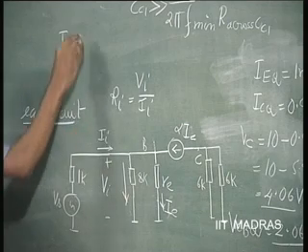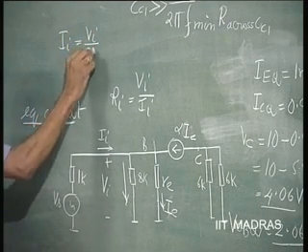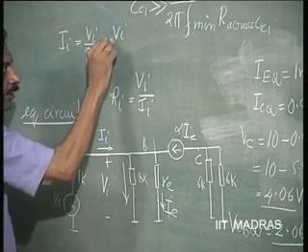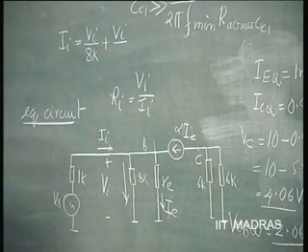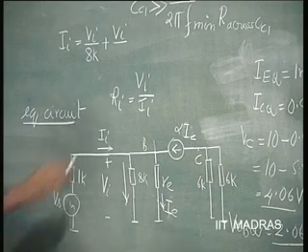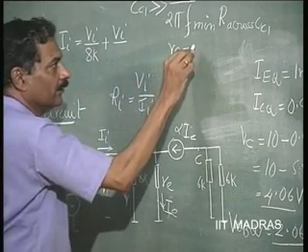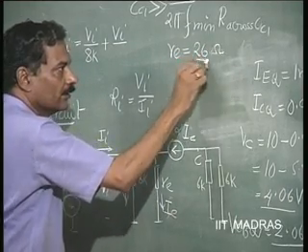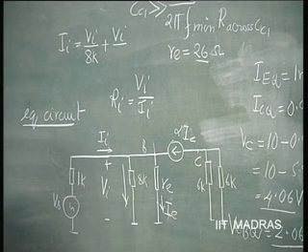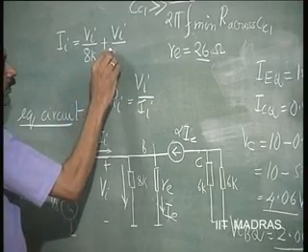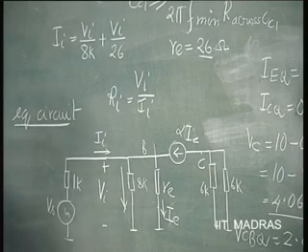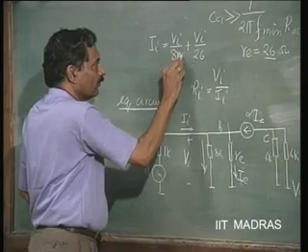So, this current is V I by 8K plus V I by R E. R E is how much? It is operating at 1 milliampere. So, R E is equal to 26 millivolts divided by 1 milliampere, so this is going to be 26 ohms, or we will write down everything in terms of ohms.